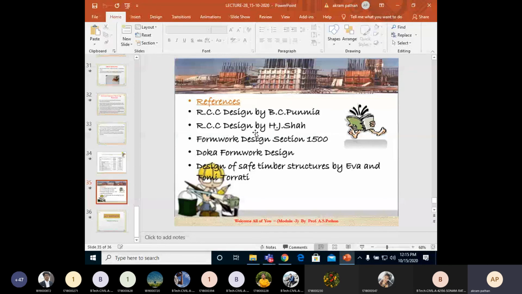Then Formwork Design, section 15. Then Doka formwork design, we have seen the video. Then Design of Safe Timber Structures by Eva and Homi Toretti. These are the two authors who have written Design of Safe Timber Structures. So these are the references.